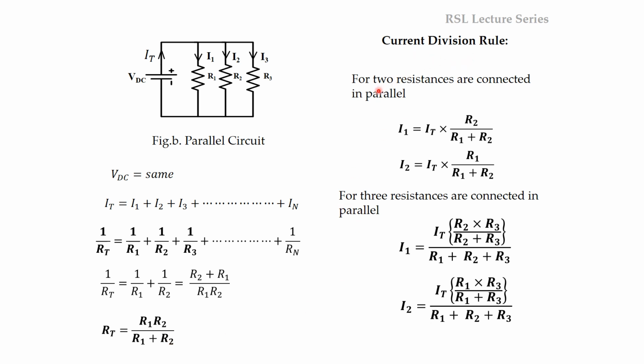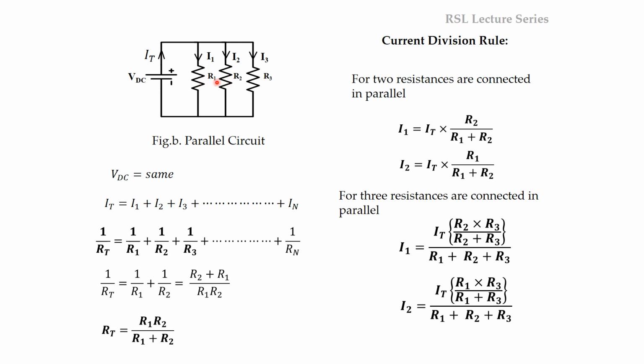If we are considering two resistances in parallel, then consider the current flowing through a particular branch, say the resistor R1. Let us forget R3 now; we are considering only R1 and R2. If we want to find I1, then we multiply the total current IT by the opposite resistor value, the resistor which is connected in parallel to R1.